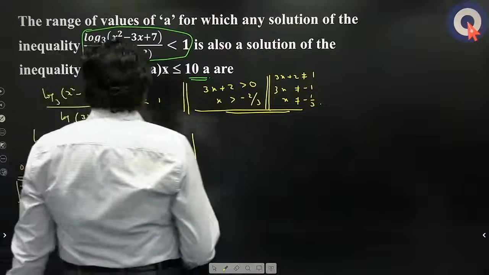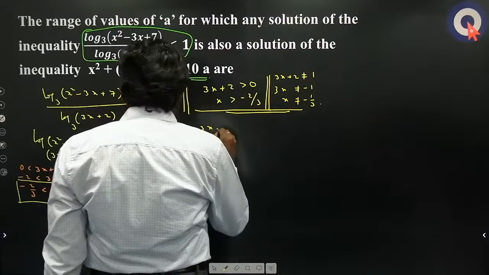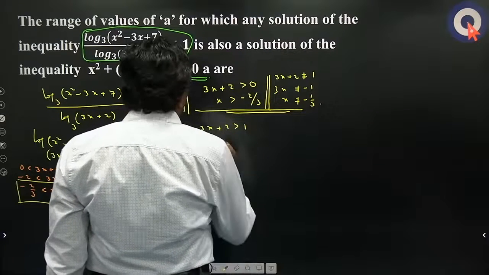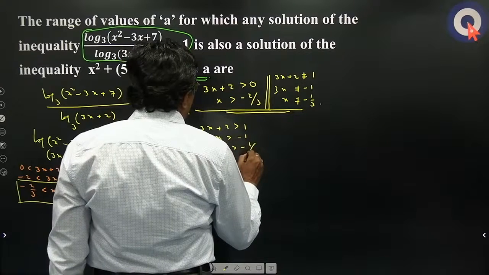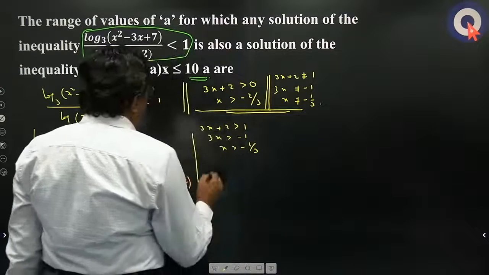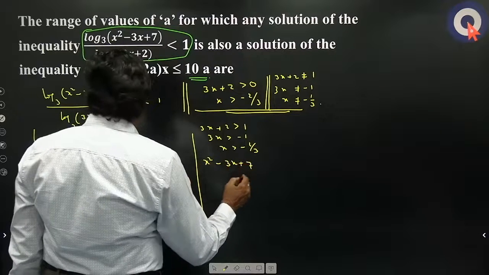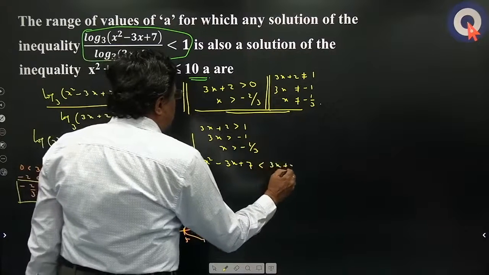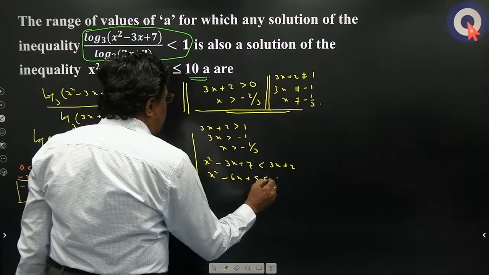Next is when 3x + 2 is greater than 1. When 3x + 2 is greater than 1, we have 3x greater than −1, or x greater than −1/3. In that case, we have x² − 3x + 7 less than 3x + 2, which is x² − 6x + 5 less than 0.